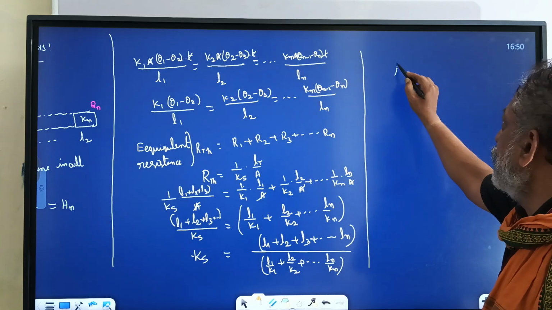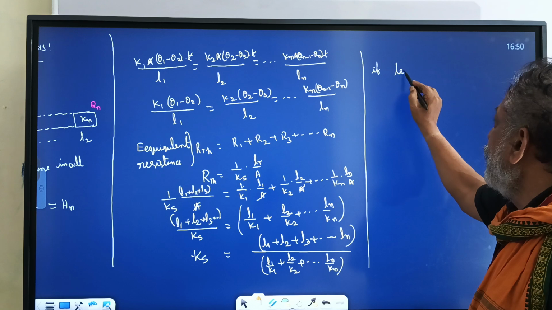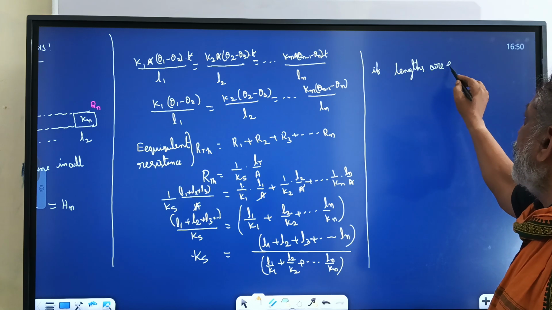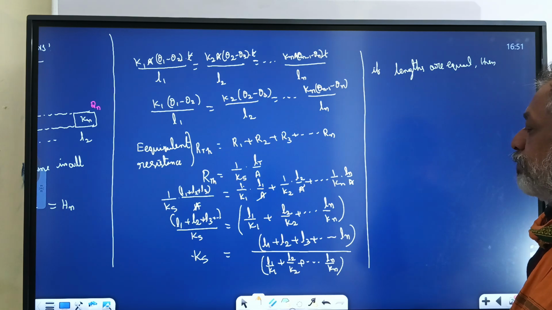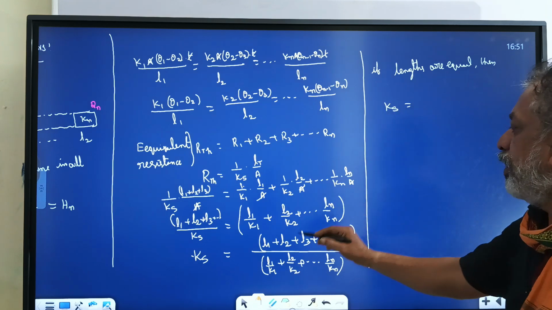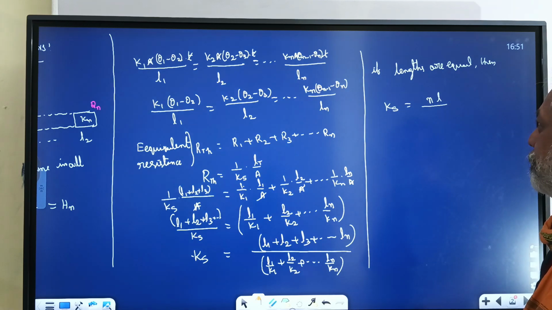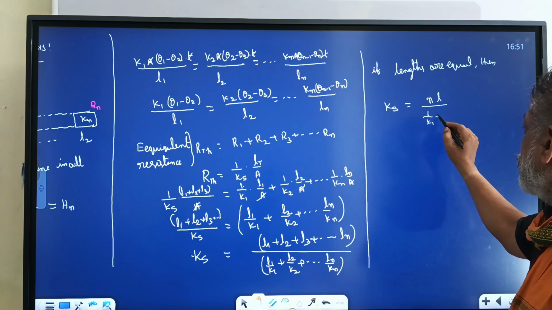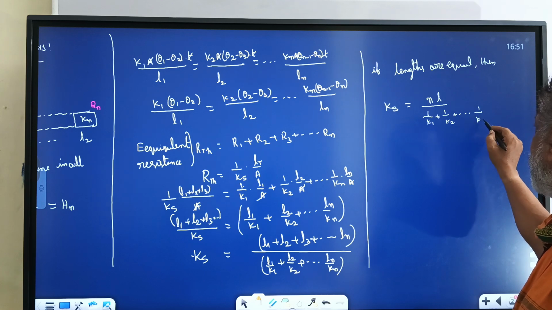If lengths are equal, then the thermal conductivity in series is given by Ks equal to n into L divided by L by K1 plus L by K2 plus dash, up to L by Kn.